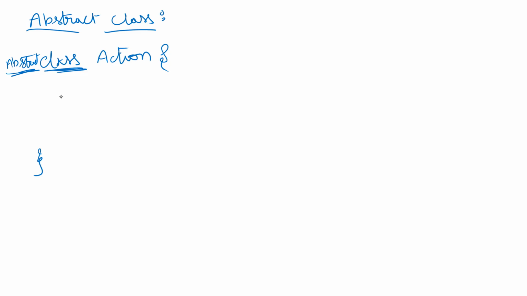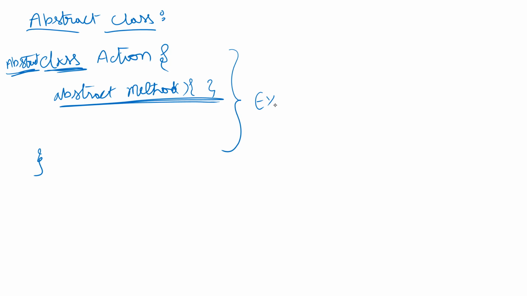Let's say this class contains an abstract method. Then this class needs to be extended. Then only this method can be implemented in the child class, and we can provide implementation for this method in the child class.